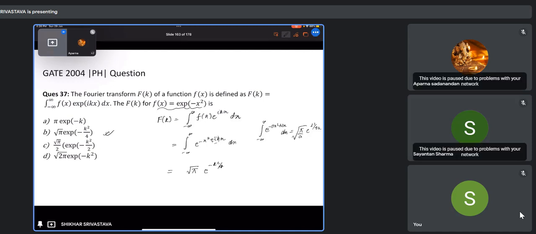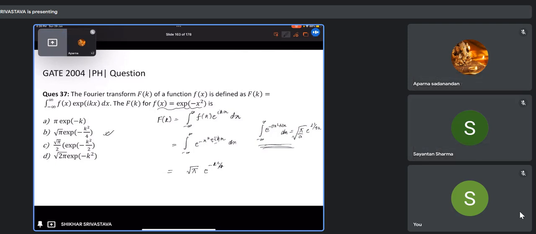But let us just solve this equation. Even if it's not given in the exam, we can easily find this integral. So I will just do that. Your ax square minus bx can be written as ax square minus bx plus b square by 4a minus b square by 4a.